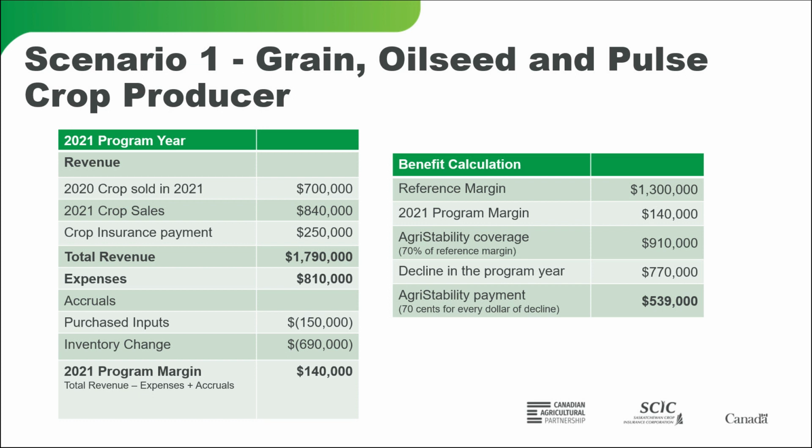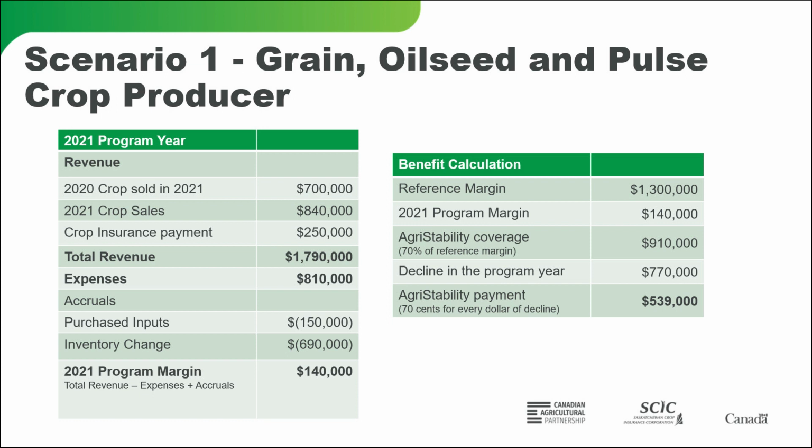So showing you the calculation for 2021, the chart on the left-hand side is the program year margin calculation. The 2020 crop that this producer had carried into the 2021 crop year was sold, $700,000 worth, and he also sold some of his 2021 crop, $840,000 worth. Again, had that $250,000 crop insurance payment, so his total revenue is just over $1.7 million.